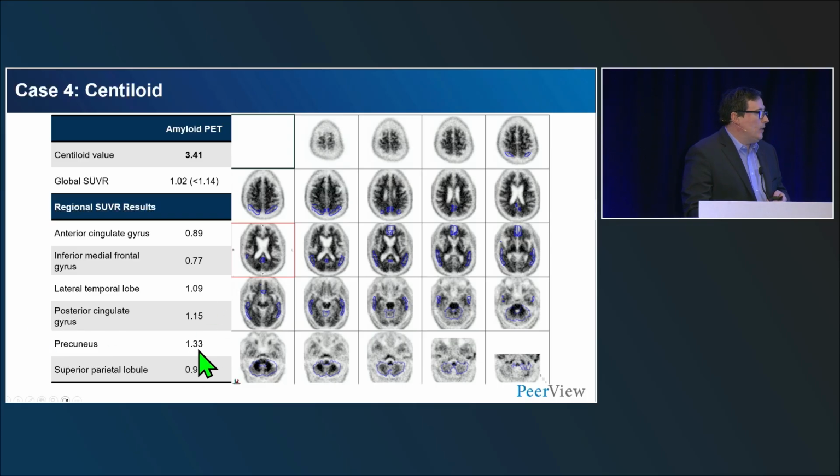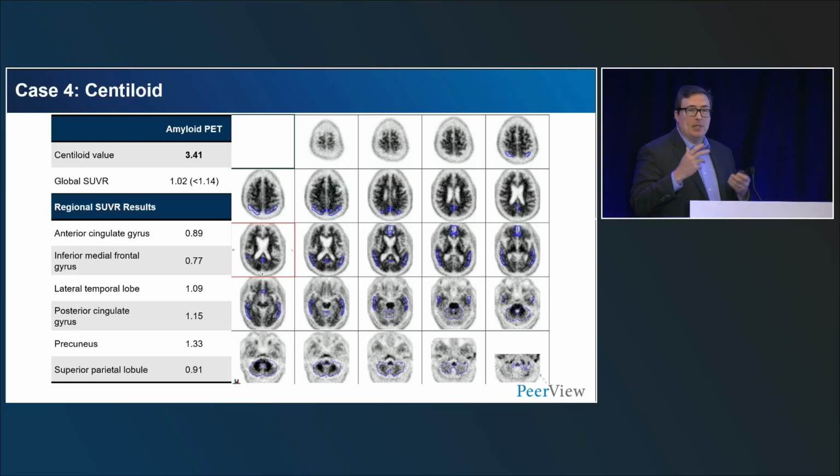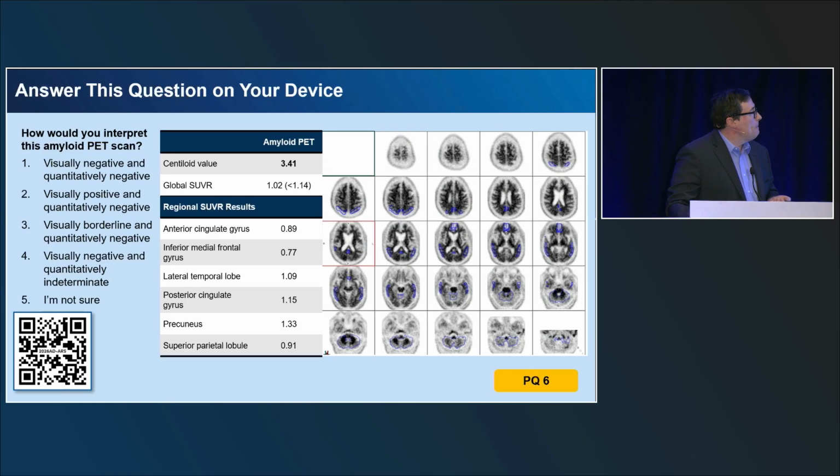A clue here is that the precuneus and posterior cingulate are areas where you often see deposition, and you can see these stand out above the other regions. So not perfect, but that's another hint that you're potentially dealing with regional distribution and deposition that doesn't match the centiloid ROIs.